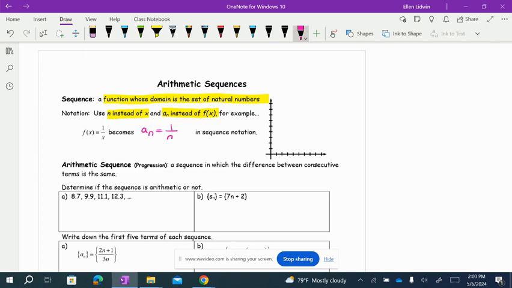So it's similar to functions in that you have an input and output value. Similar to functions, you have input and output values.